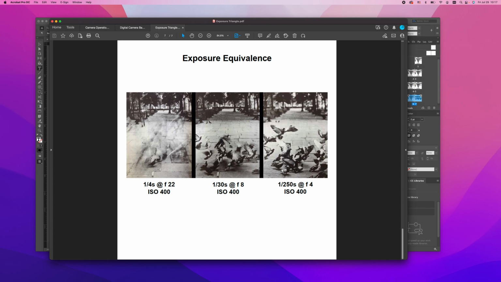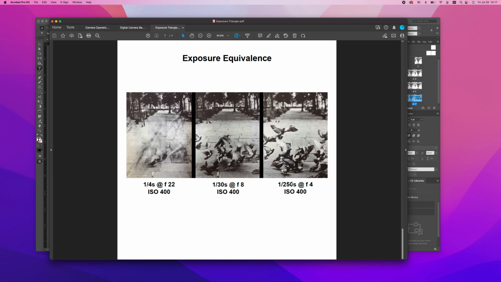Let's say you're not into that and you're like, well, actually, I like the idea of stopping things in motion. No problem. You can change your shutter speed again here. Instead of 30th of a second, now we're at 250th of a second, which is a quick shutter speed. You make the image, and the birds are all sharp here, and you're like, I kind of like that better, right?